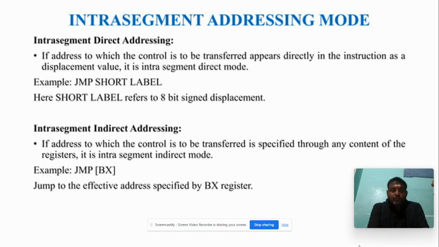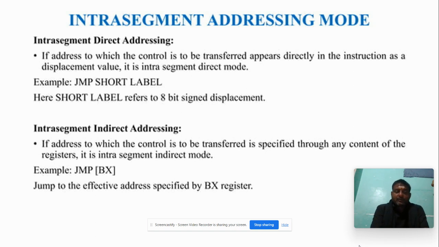If the address to which control is to be transferred appears directly in the instruction as a displacement value, it is intra-segment direct addressing. Example: JMP SHORT label. Short label refers to an 8-bit signed displacement.